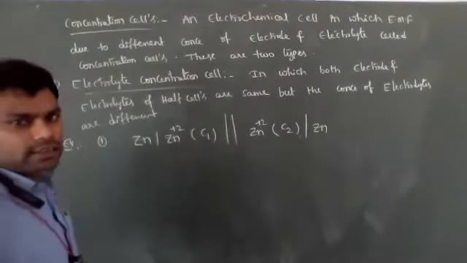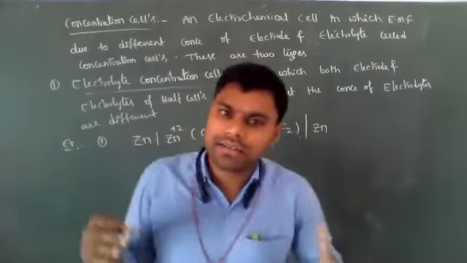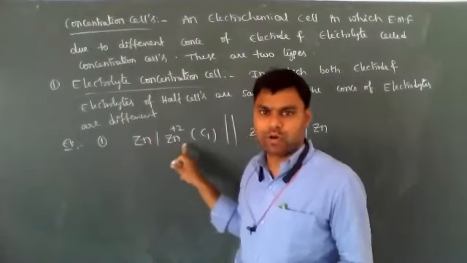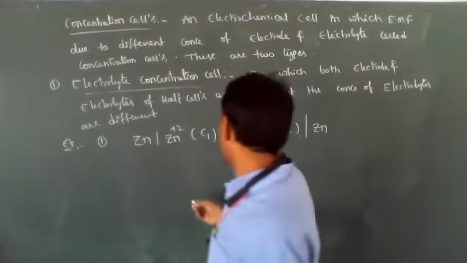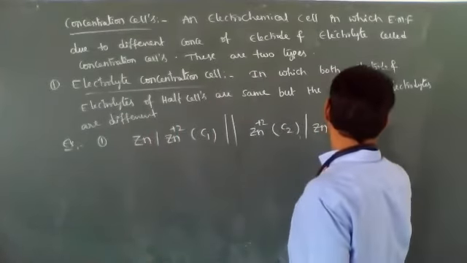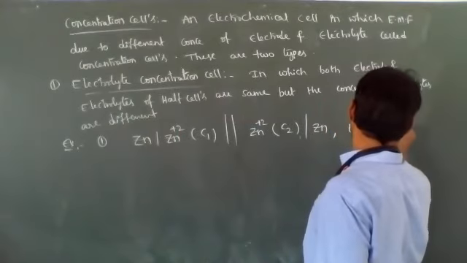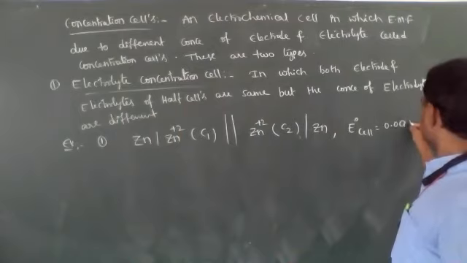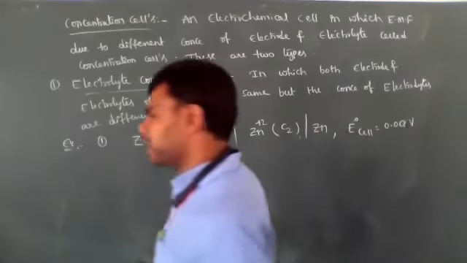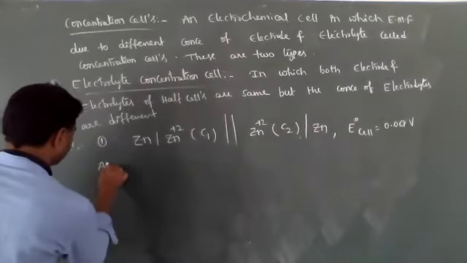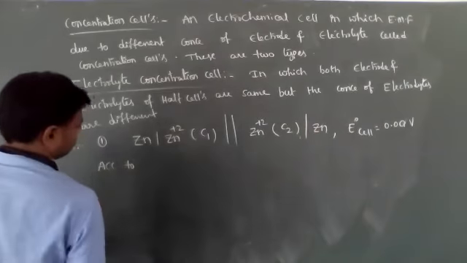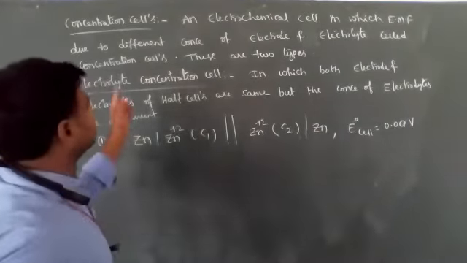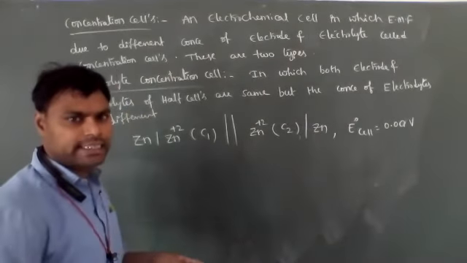In these electrolyte concentration cells, the electrodes are the same. Under standard conditions, both electrolyte concentrations are the same, so E0 cell is 0.00 volts. But their concentrations are different, so we calculate the EMF using the Nernst equation.